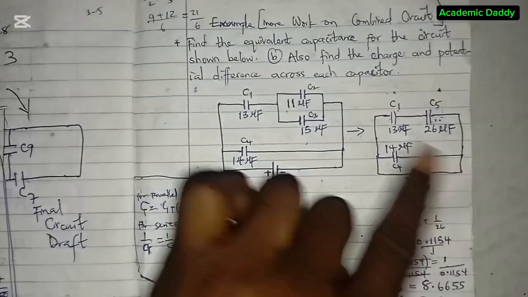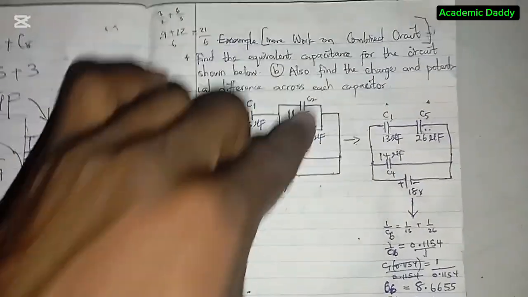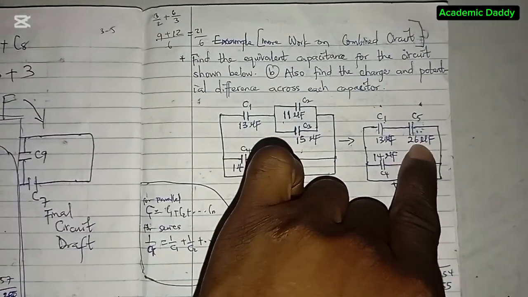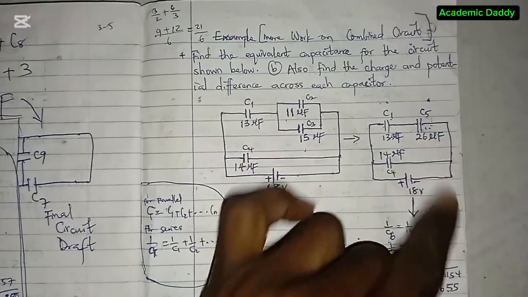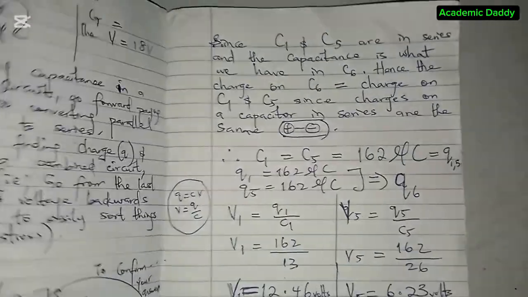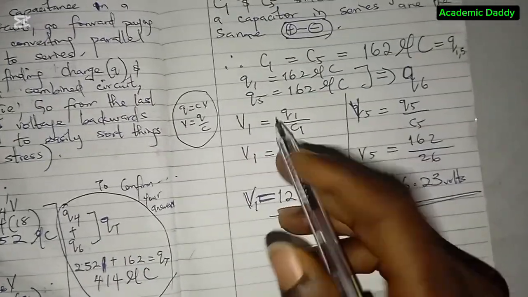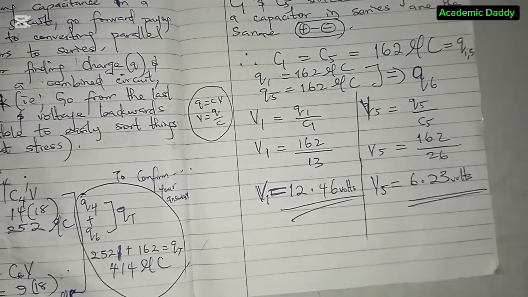Then for C2 and C3, I'm backtracking. Remember that C2 and C3 gave me C5. That means that by the time I go to Q1 and Q5, the total of Q1 and Q5, everything is 162.